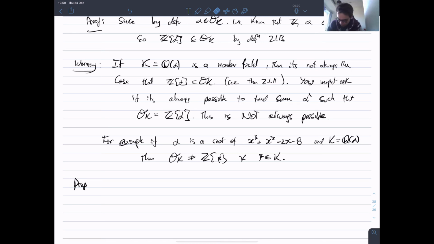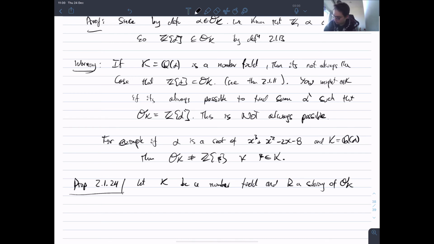So proposition 2.1.24. The following: let K be a number field, and R a subring of O_K. My O's are getting even more curly.